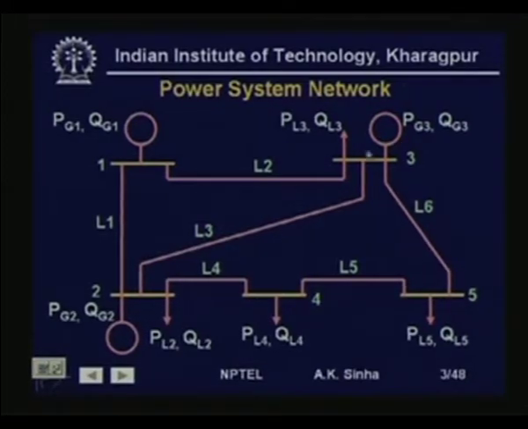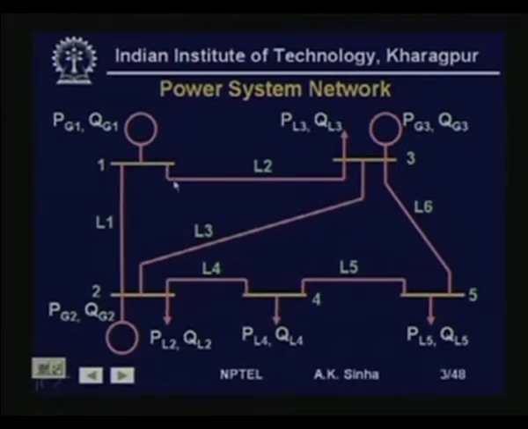Some of these nodes have loads on them: node 2, node 3 has a load, node 4 has a load, node 5 also has a load. The loads are complex loads. So, node 5 has a load PL5, QL5, where PL5 is the real power demand, and QL5 is the reactive power demand.